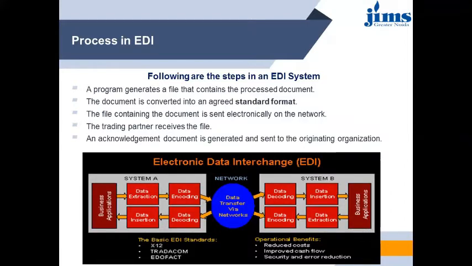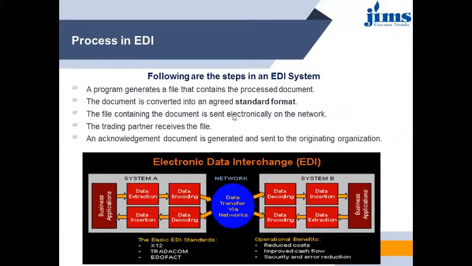So the information is processed in a standard document. Then the document is converted into a standard format. The file containing the document is sent electronically on the network. The trading partner receives that file, and acknowledges that he has received the file.